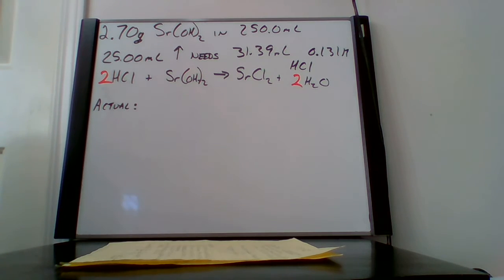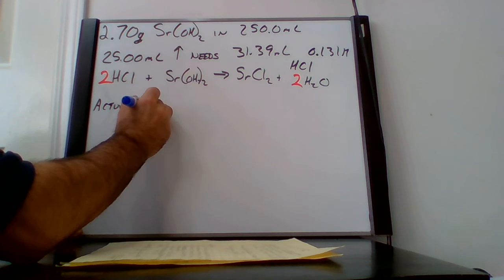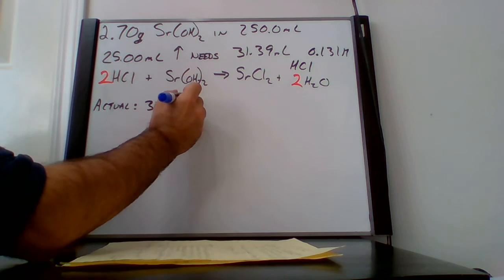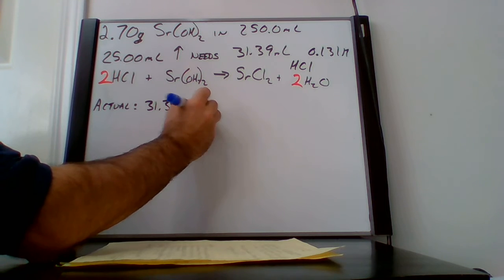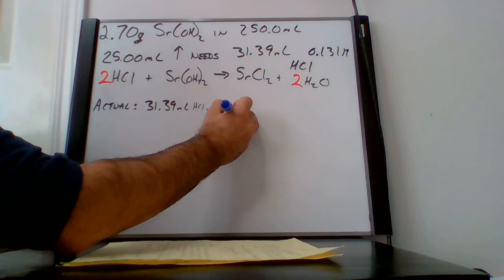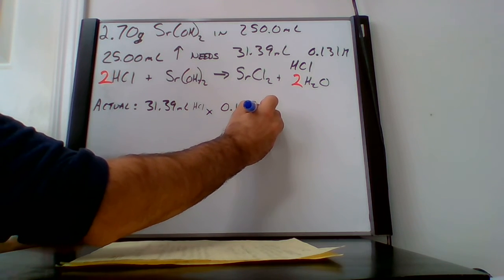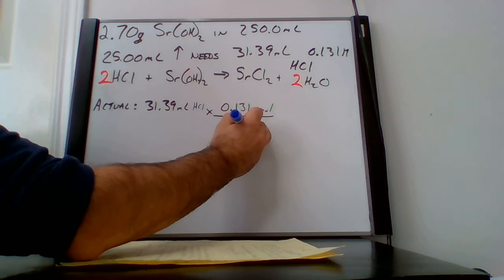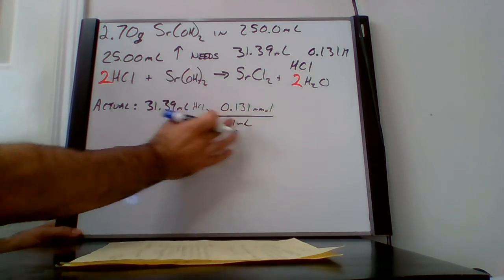All right, well, we take 31.39 milliliters of our HCl. We times that by our millimoles per milliliter. This one I'm not changing.